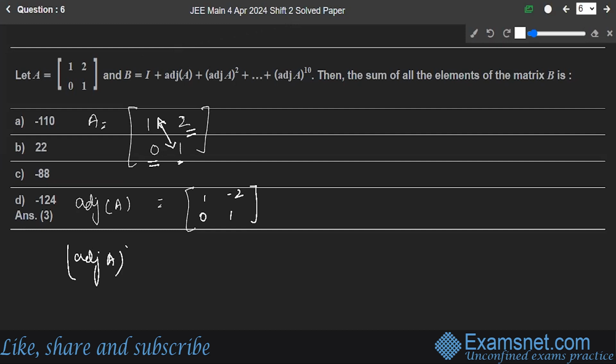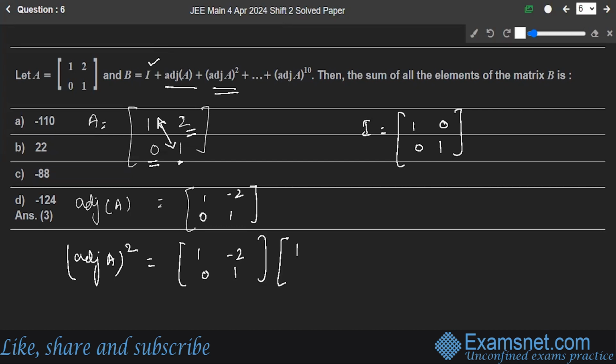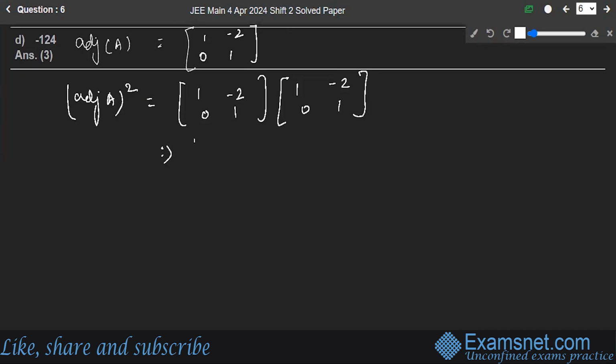Similarly, the next term is the identity matrix, which is the 2 by 2 identity matrix given by this. Adjoint of A we have calculated, and the adjoint of A square will be given by this. Let's calculate. First row: 1 plus 0, minus 2 minus 2, and 0, 0, 0 plus 1.